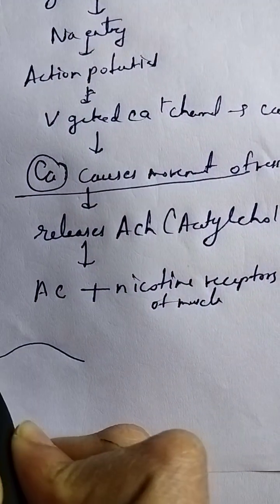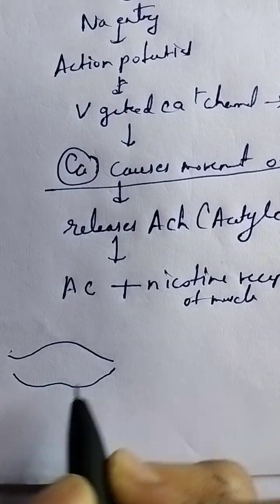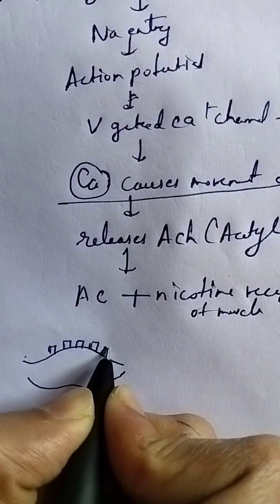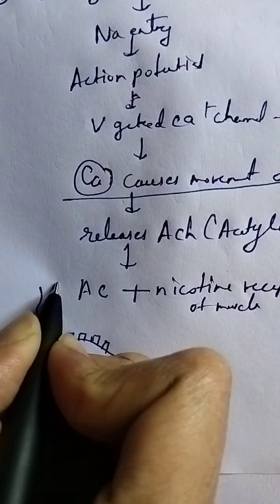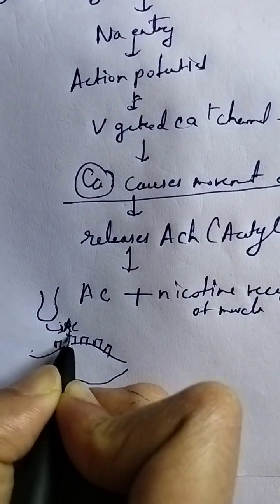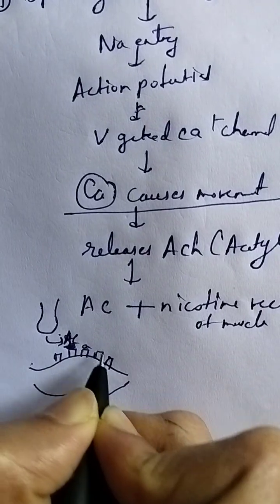Suppose this is our muscle, and in this muscle there are nicotinic receptors, and from the neuron the acetylcholine is released and binds here on the receptor site.